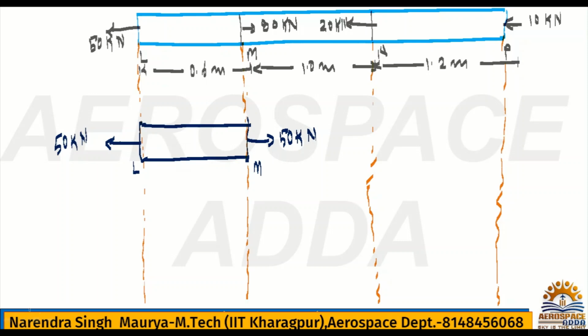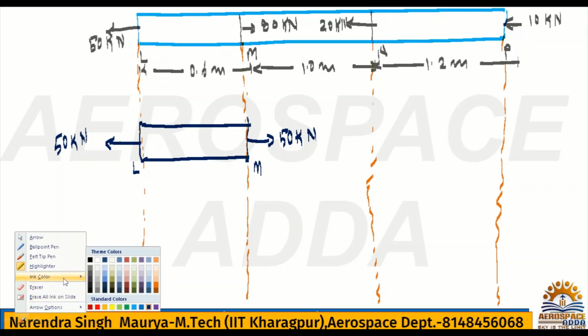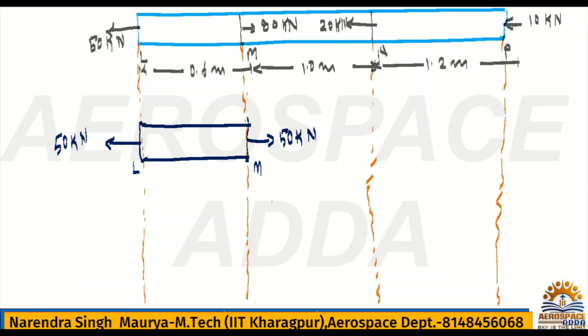Now coming to the next bar, which is nothing but MN. If you draw MN here, make a point like this, this is the second bar, which is nothing but MN. Now if you draw MN, then see what will be the load here. Simple.